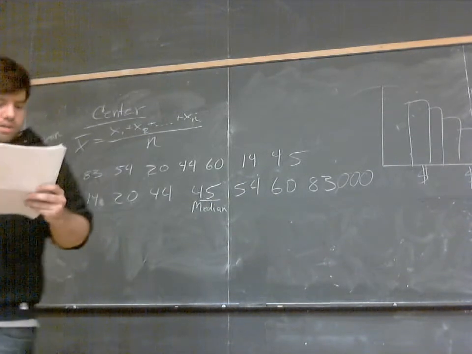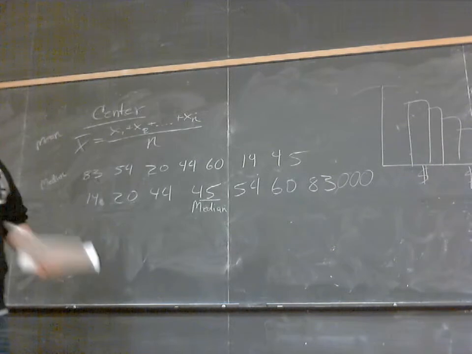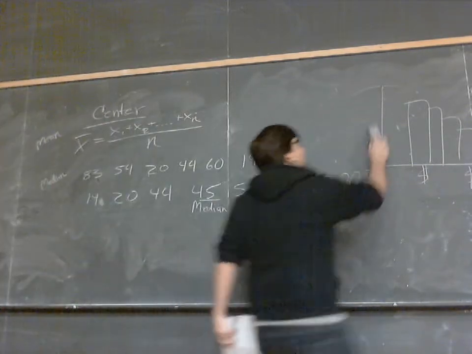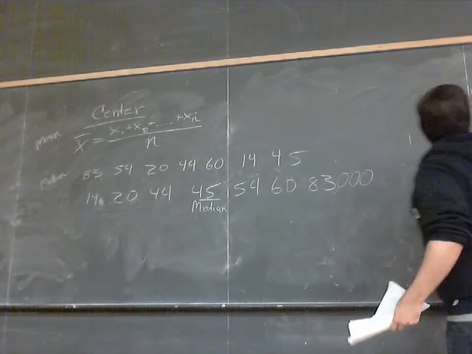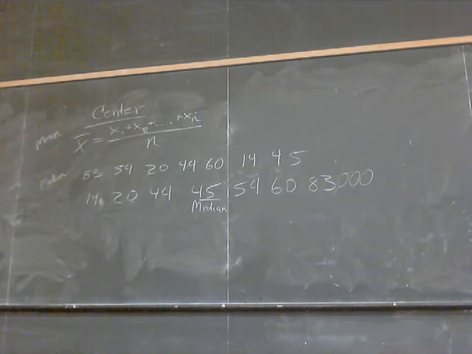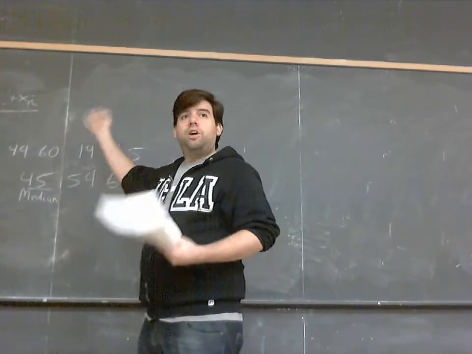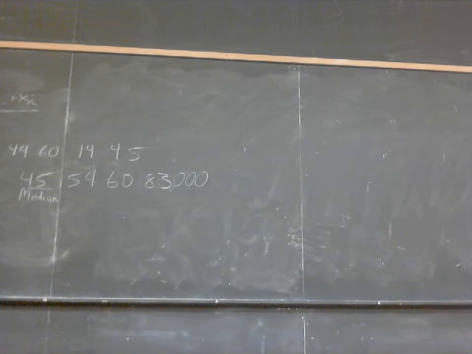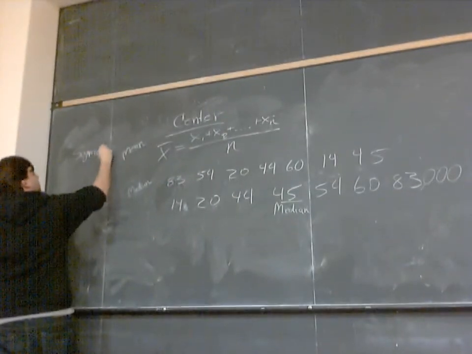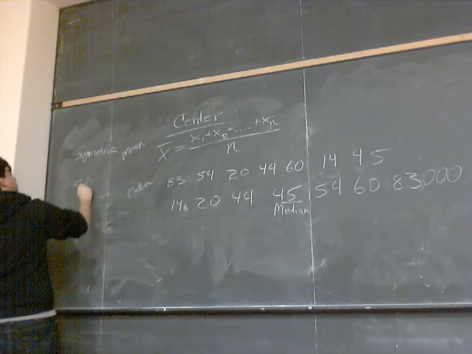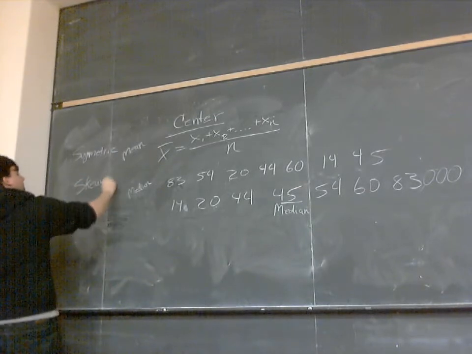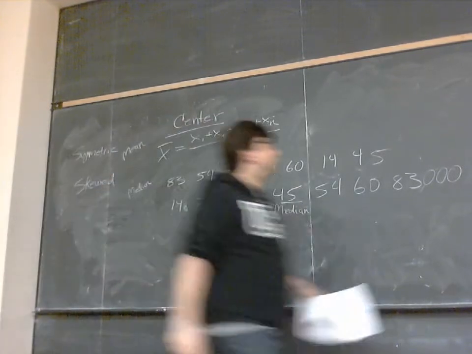All right. Let's then talk about spread. For the same reason that we have 2 measures of center, one for symmetric data and one for skewed data, we also have 2 measures of spread.